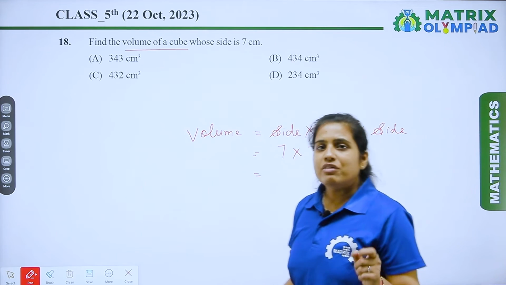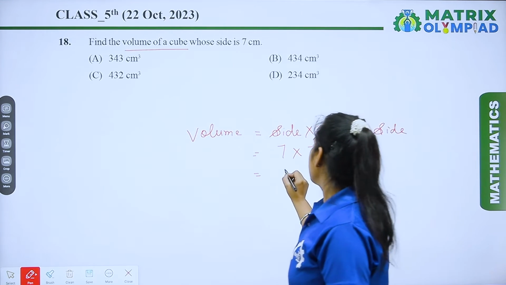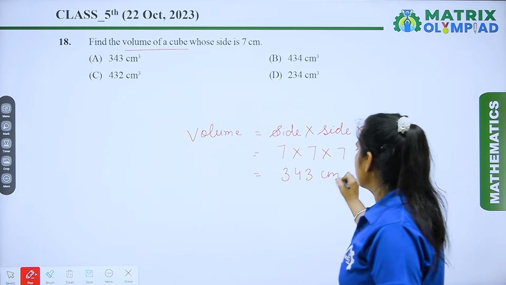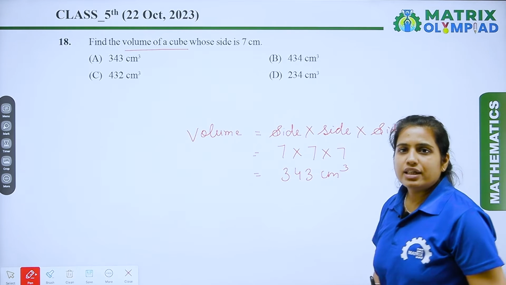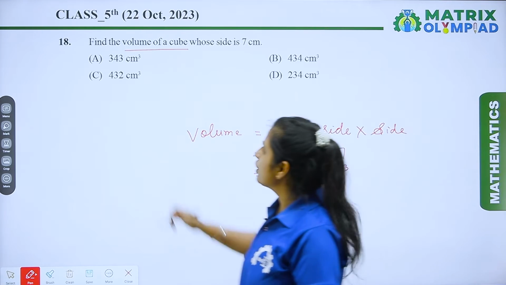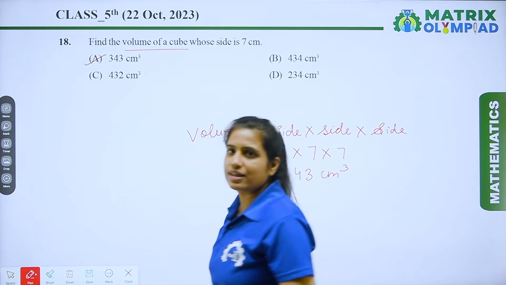So 7 multiplied by 7 is 49 and 49 multiplied by 7 is 343 centimeter cube. So we can say that the volume of a cube is 343 centimeter cube. Here option A is the correct answer.